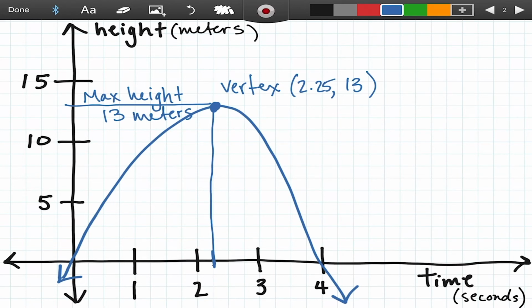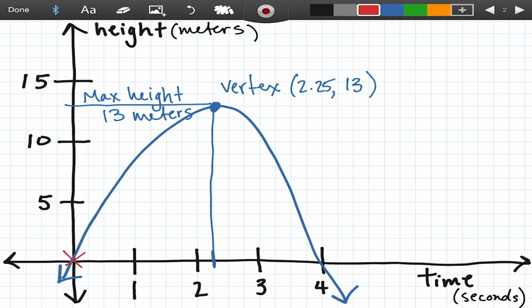Now, another thing that we might need to know from this is how long did it take for the ball to hit the ground after we kicked it? So we kicked it right here, right? That's time is 0. It traveled up and down, and it also went some distance, but that doesn't really matter for us. We're talking about just height.